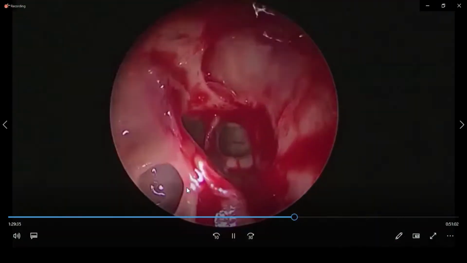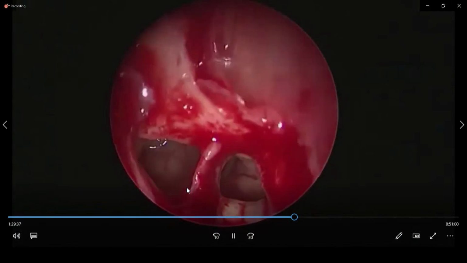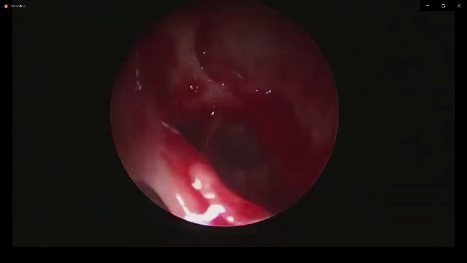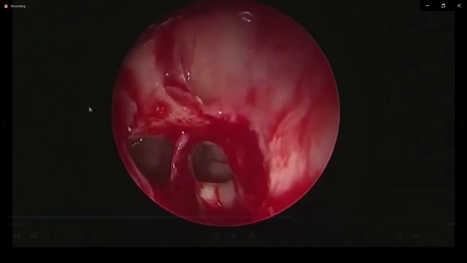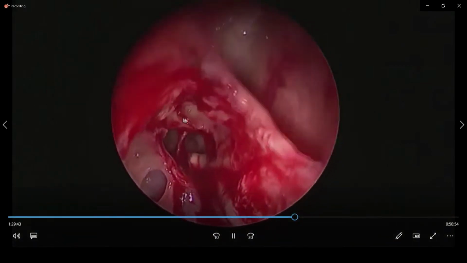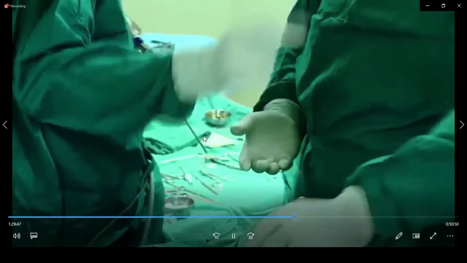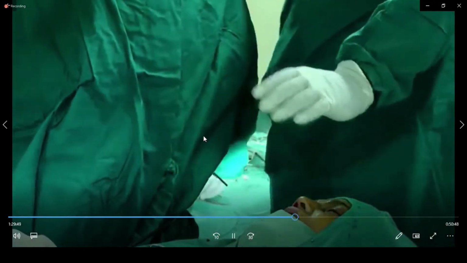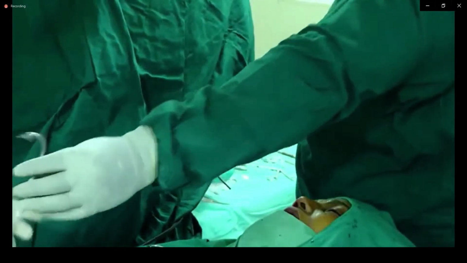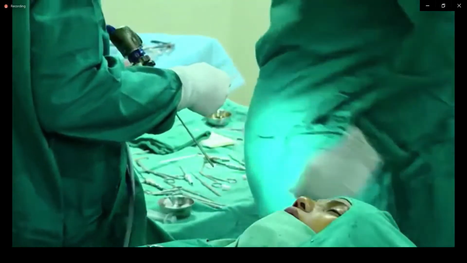We will go behind this cell and fracture it out completely. The lateral one is the type 3 cell. That is the type 3 cell, and this is the frontal sinus. So we will go behind this cell wall, the party wall between the type 3 cell and the frontal sinus. Go behind and fracture it out.